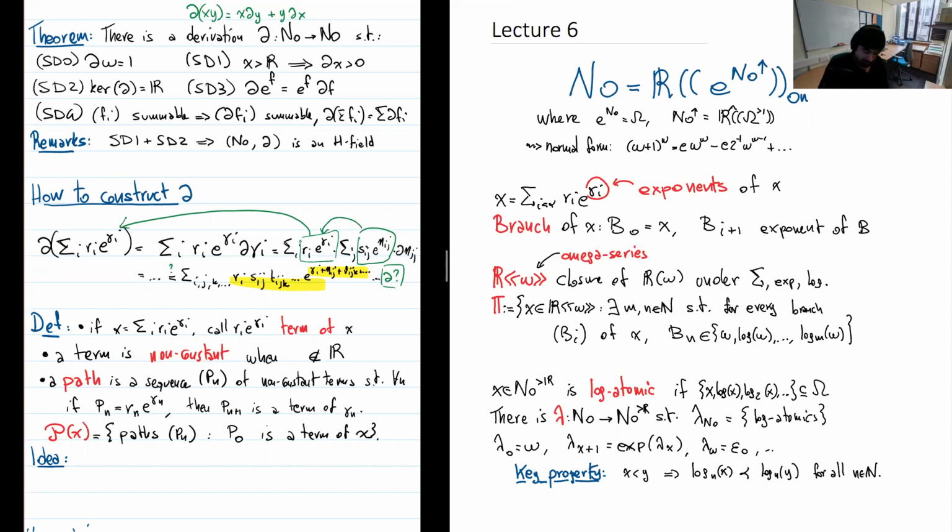Okay, so let me repeat now what is the idea. The idea is that each path contributes something to this derivative here. The derivative of x is a sum along all the possible paths. So the contribution of the path, let me put quotation marks for now because this is not a definition yet, would be something like P naught times the contribution of the same path but shifted by 1.